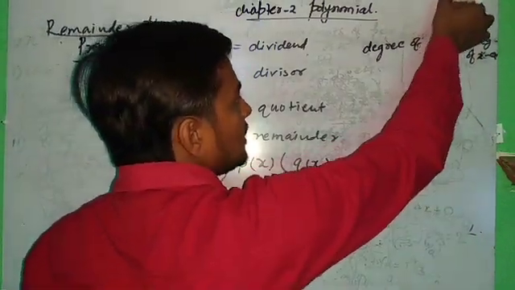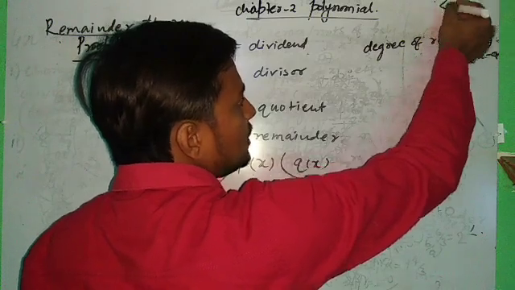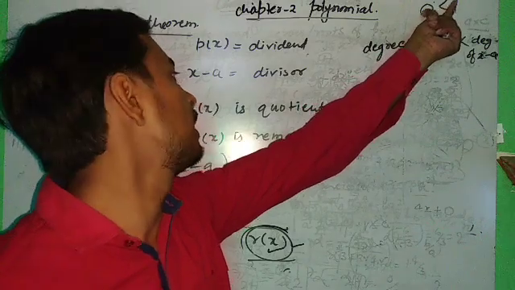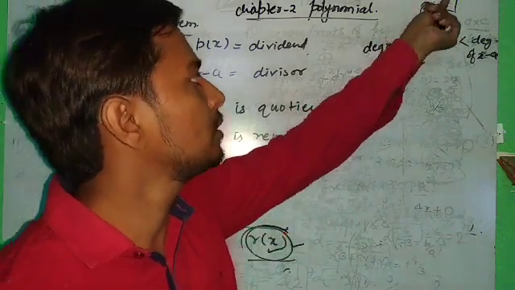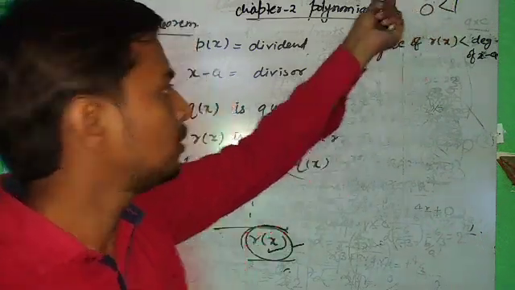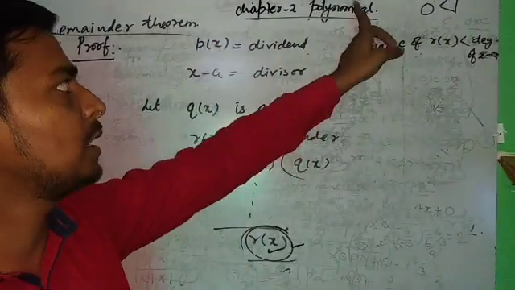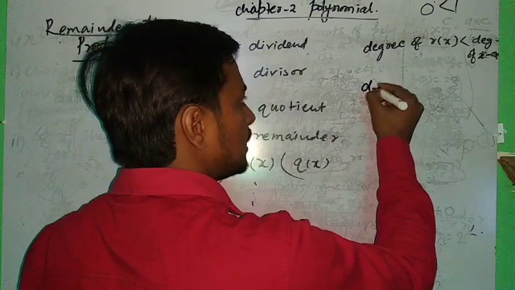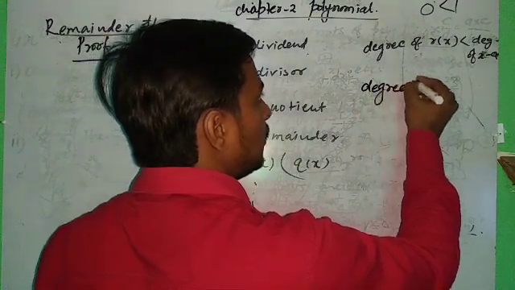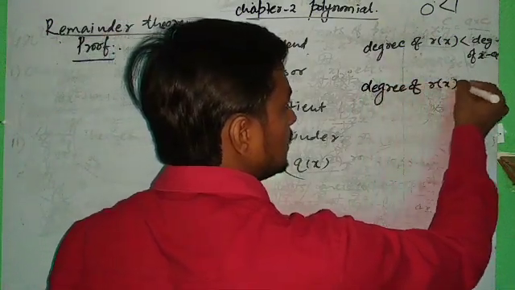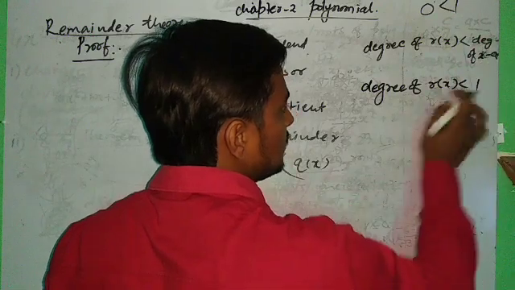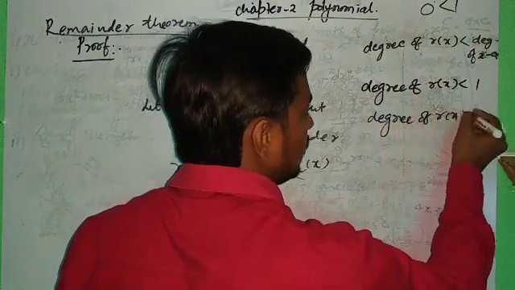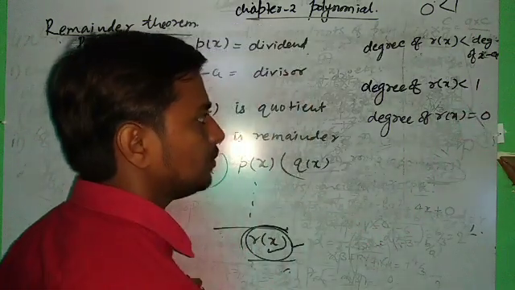Obviously 0, because a negative degree cannot be possible, since a polynomial's power is always a whole number. So the degree of r(x) is equal to 0.